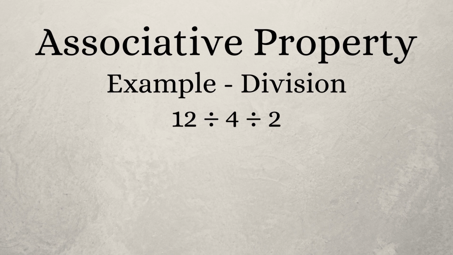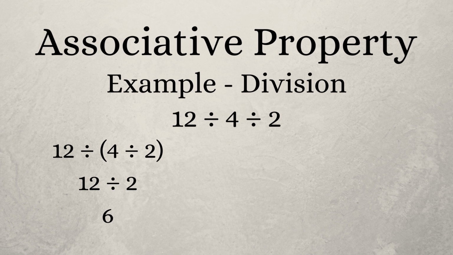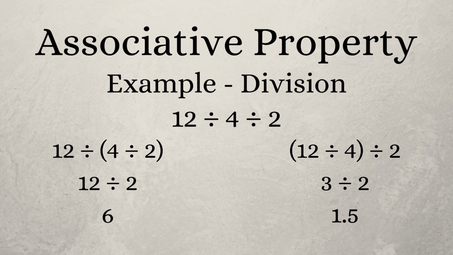Moving on to division. Let us compute 12 divided by 4 divided by 2. So grouping 4 divided by 2, we get 2. Then we divide 12 by 2 to get 6. Method 2, we compute 12 divided by 4 first to get 3 and then we divide by 2 to give us 1.5.